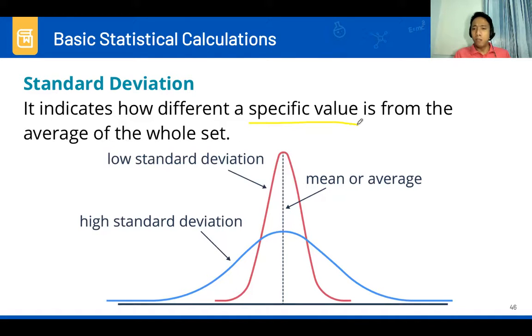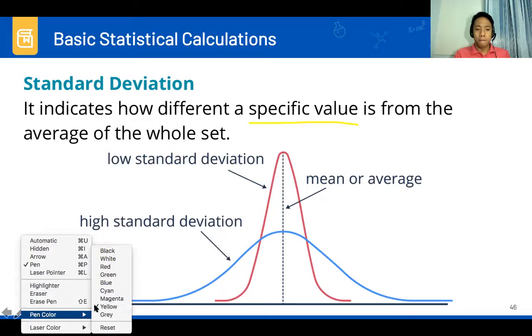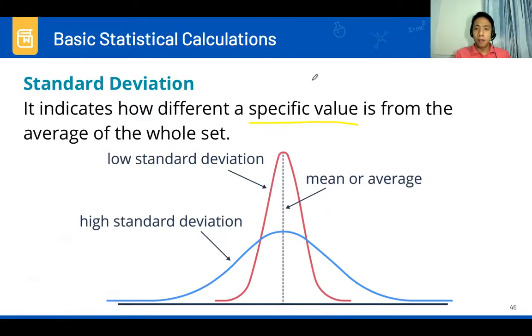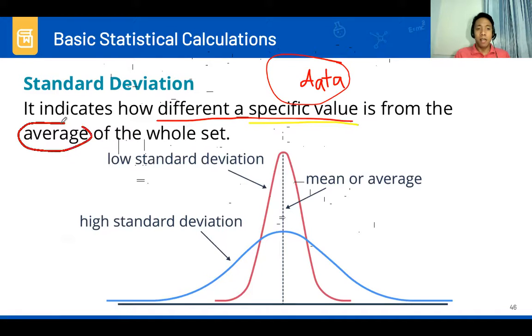When we say specific value, those are what we call the data itself. Okay? So, paano nga ba sila magkakaiba? How different are the specific values or yung mga data from the average. Ano yung average natin? Yung tinatawag na mean. Correct?